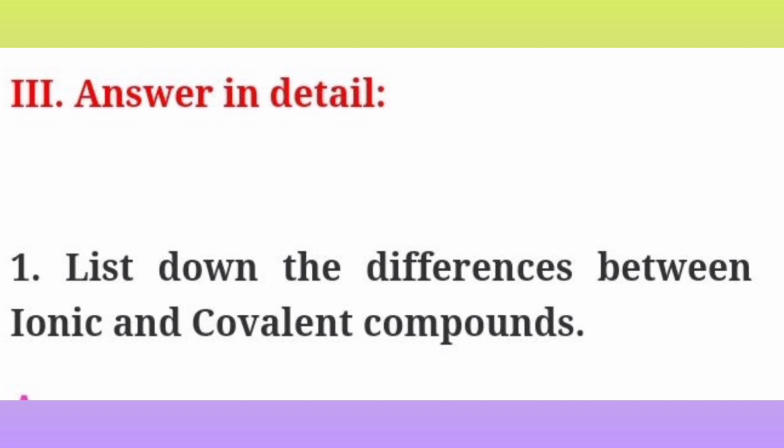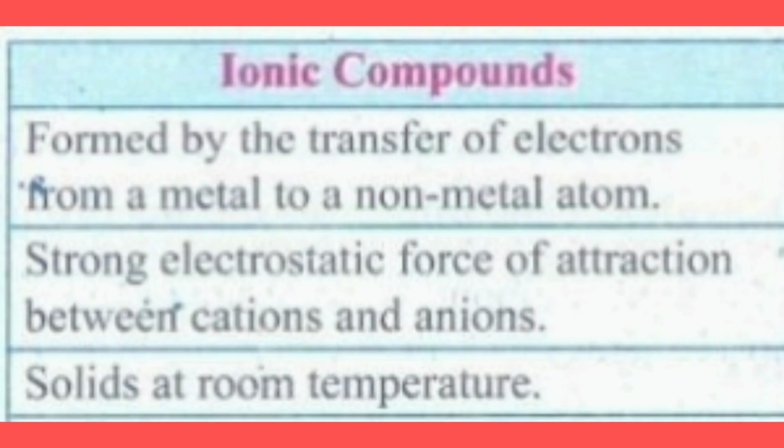First question, list down the difference between ionic and covalent compounds. Answer, ionic compounds are formed by the transfer of electrons from a metal to a non-metal atom. Second point, strong electrostatic force of attraction between cations and anions. Third point, solids at room temperature.